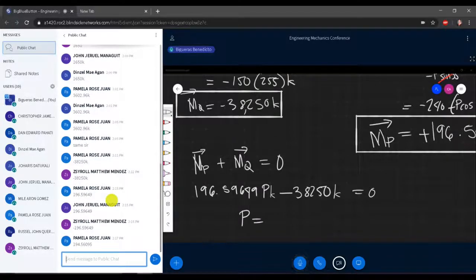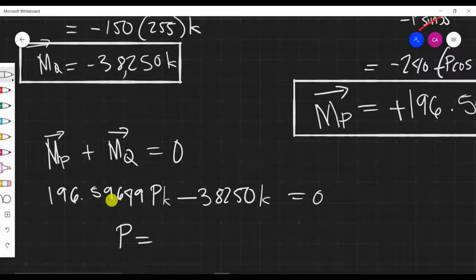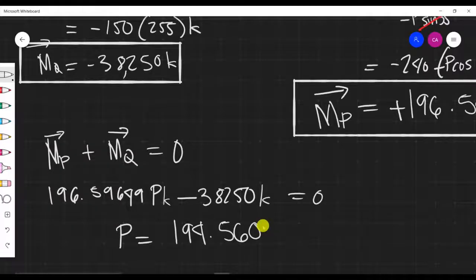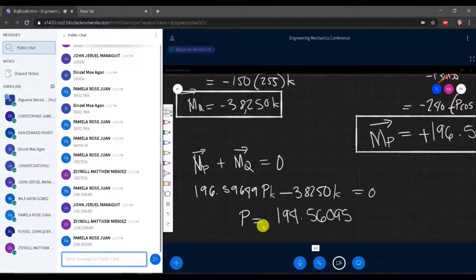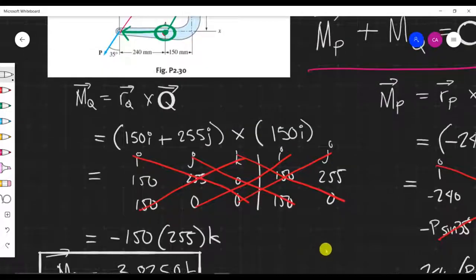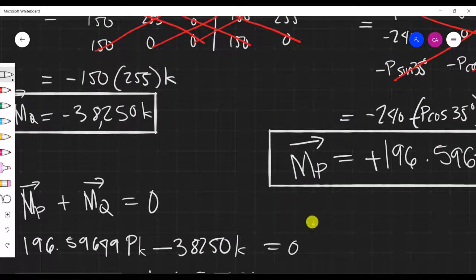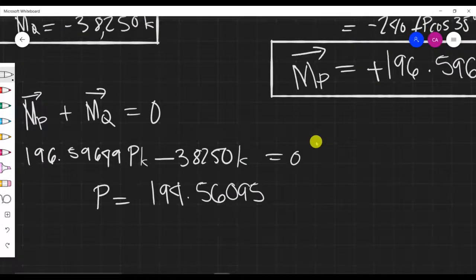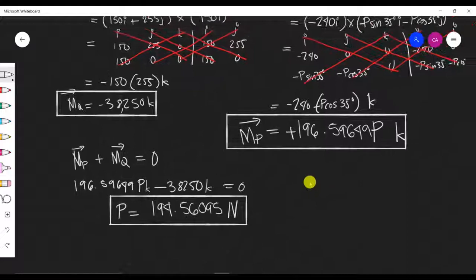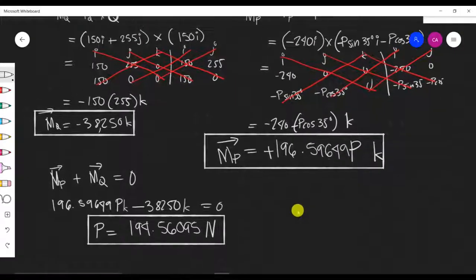Tama ba? Agree ba lahat yan? So, 194.56095. Ano ba yung unit natin? Kalimutan ko. Dapat pala nag-unit analysis din tayo eh. Newton. Okay? Ayan. So, that is P. Okay?